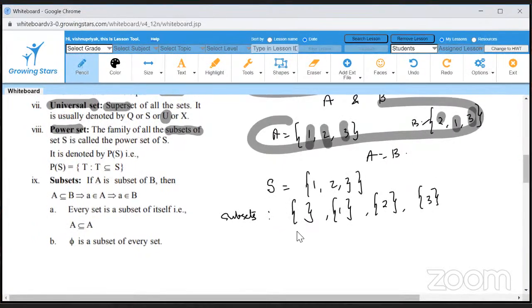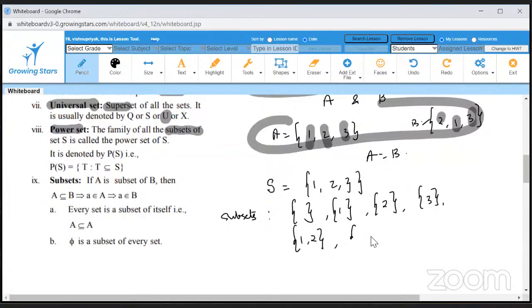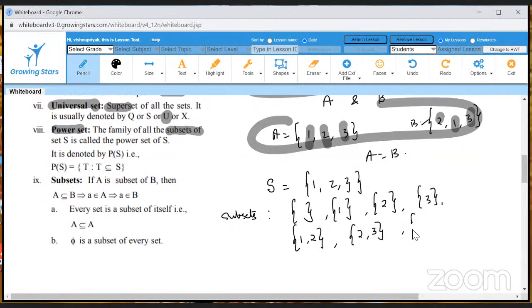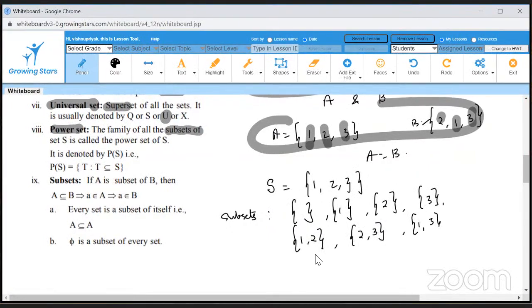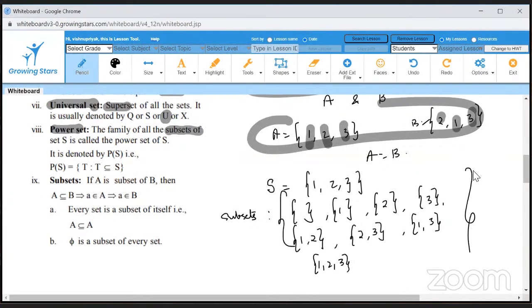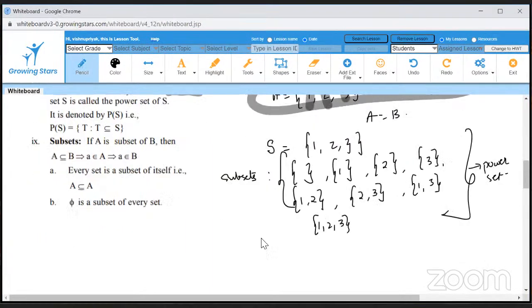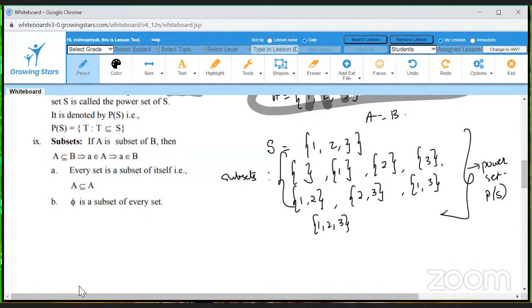These are subsets. Then two elements: 1, 2; 2, 3; 1, 3. These are subsets. Then all 3 elements is also a subset. So if you keep all the subsets and make a set, this set is called the power set. The power set we denote by P of S.